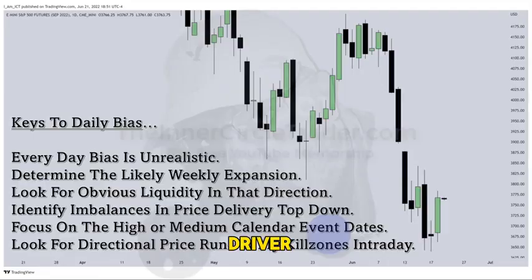So if you have a news driver coming out on a particular day, say Tuesday or Wednesday, and you're expecting the weekly range to expand lower, well, on those news events, I'm going to see hopefully something run up higher, go into a fair value gap, or run above a short-term high, run stops, then break down, show displacement, then create a fair value gap, and I can go in short on that.